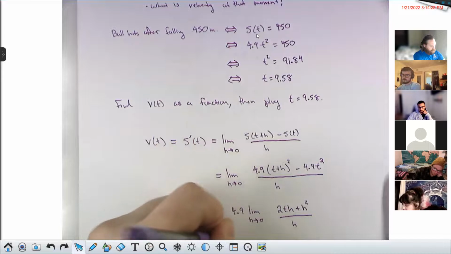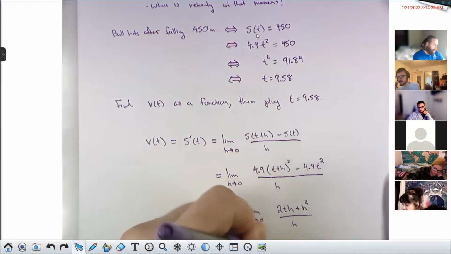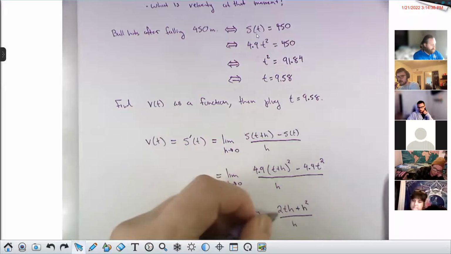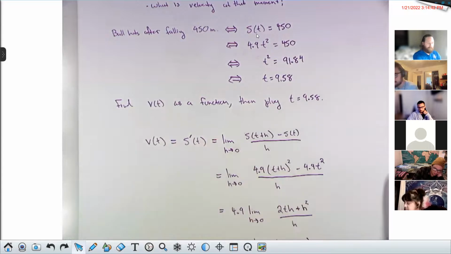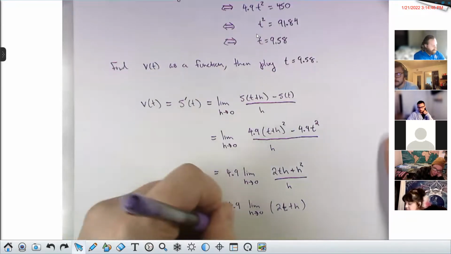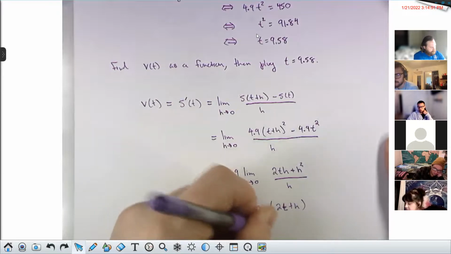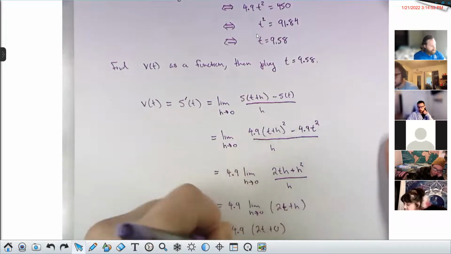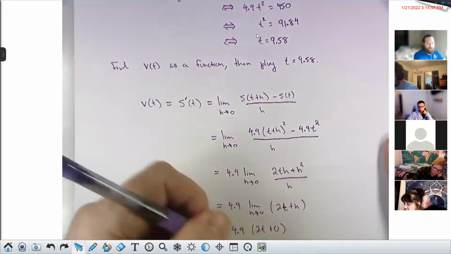Factoring the h, canceling with the bottom, you get 2t plus h, and then sending h to 0, you get 4.9 times 2t plus 0, which is 9.8t.